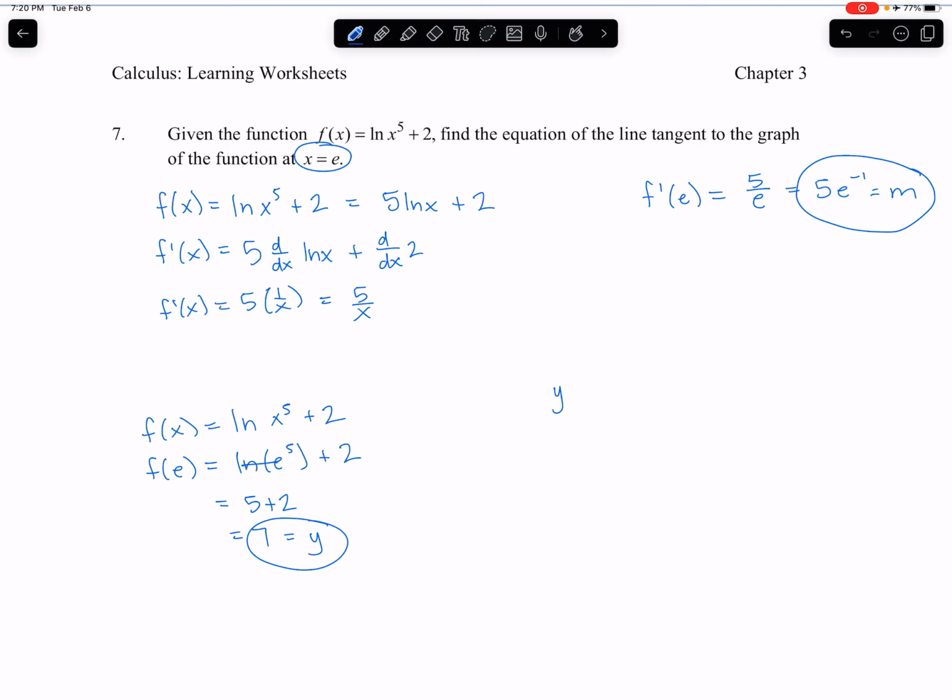Let's use point slope. Y minus 7 equals 5e to the negative 1 times x minus e.